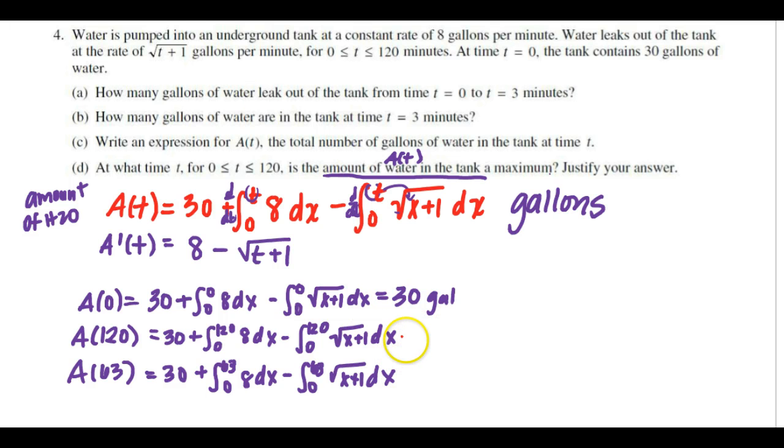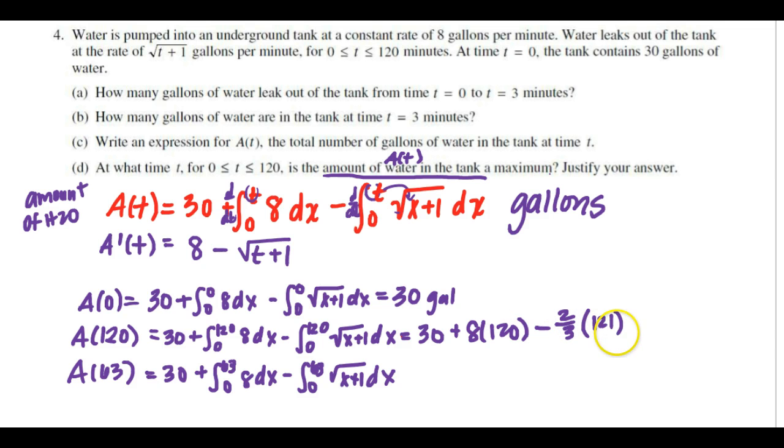So this part would be 30 plus, I'm doing a little bit of stuff quickly here. The antiderivative is 8t, so when I substitute in 120 and then 0, it's just going to be 8 times 120. And we actually did this antiderivative earlier. It required a u substitution. Again, I'm doing some shortcuts. This was 2/3, and my new limit of integration, if I let u be x plus 1, would be 121.